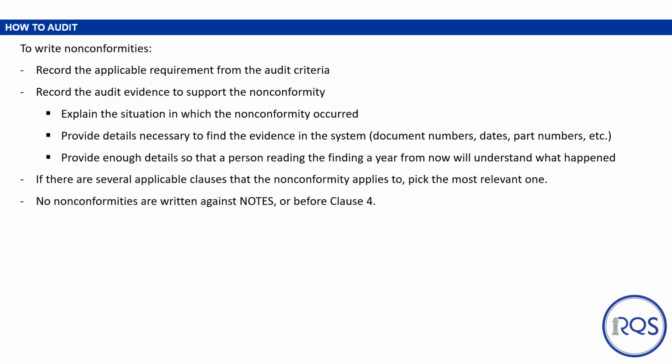This includes explaining the situation in which the nonconformity occurred, providing details necessary to find the evidence in the system, like for example, document numbers, dates, part numbers, etc., and providing enough detail so that a person reading the finding a year from now or further will understand exactly what happened. If there are several applicable clauses that the nonconformity applies to, pick the most relevant one. No nonconformities are written against notes or before Clause 4 of ISO 13485.